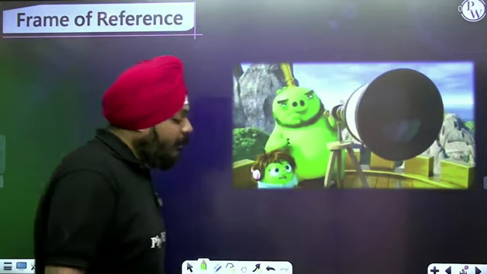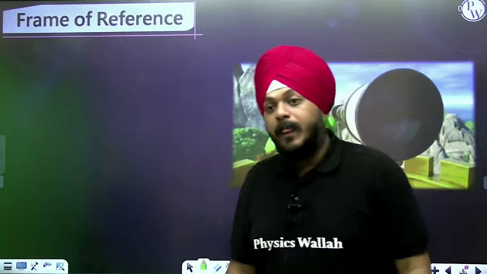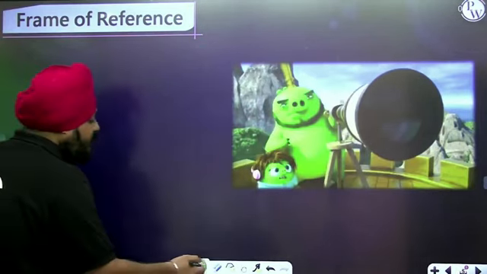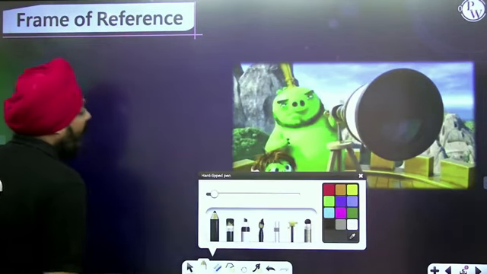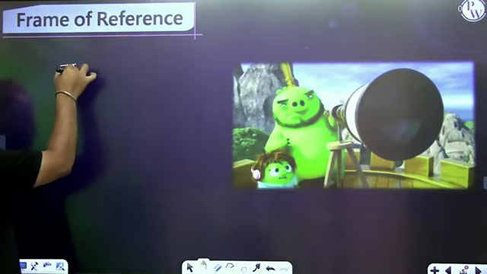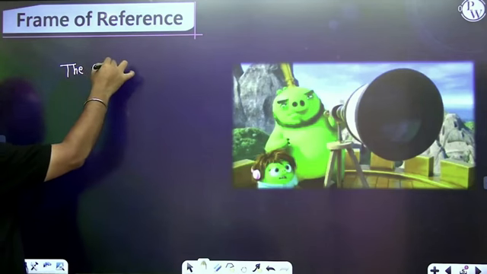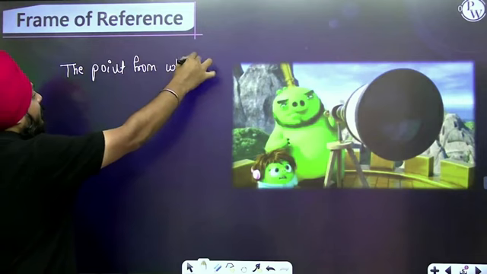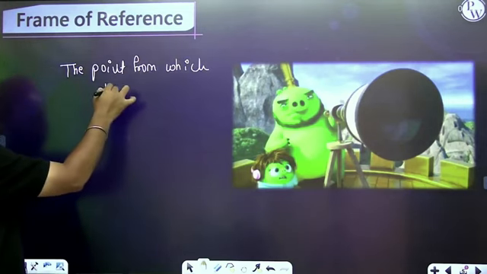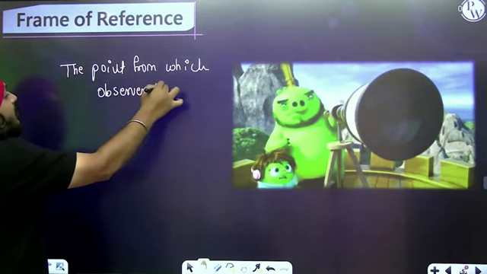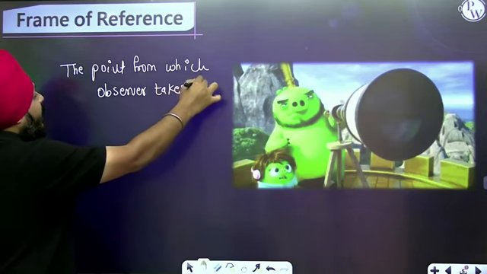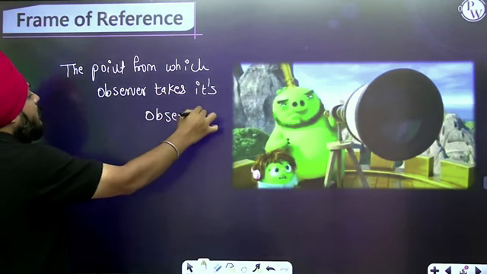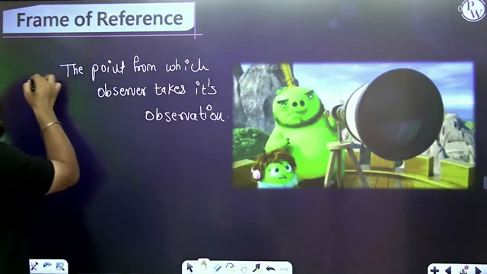So, frame of reference. If we simply define this term, I'm going to define it as the point from which the observer takes its observation.